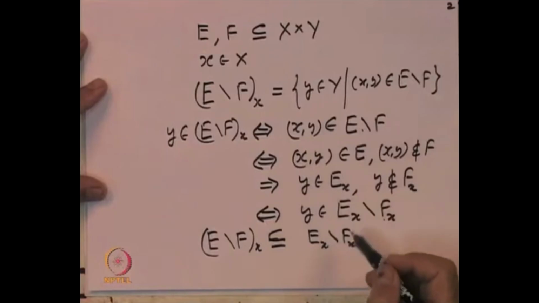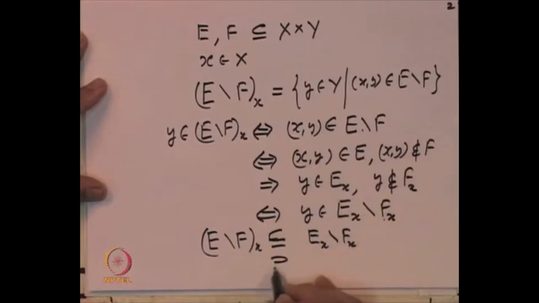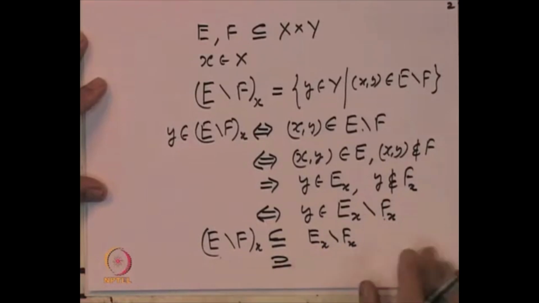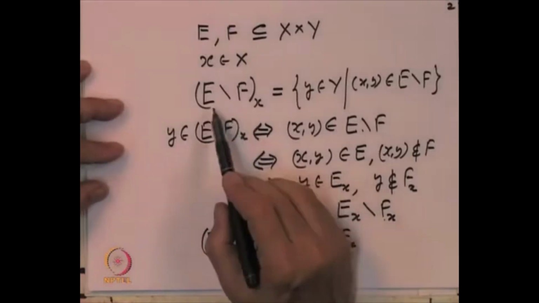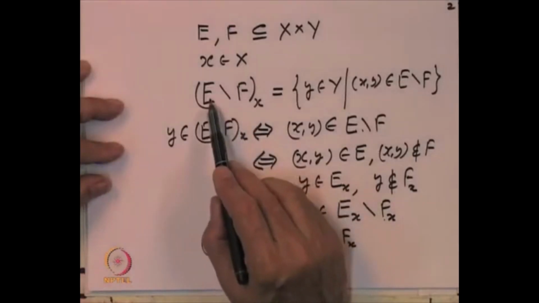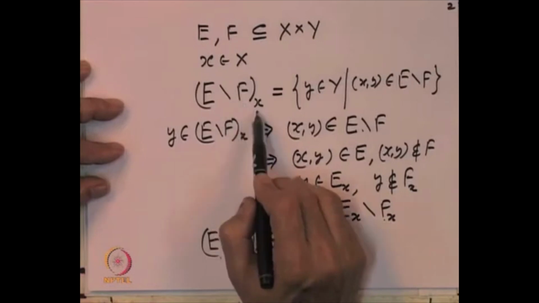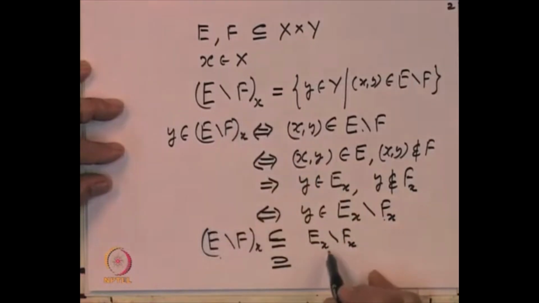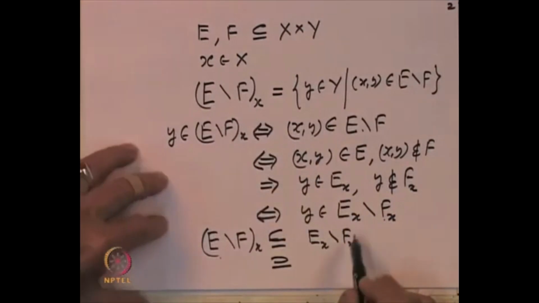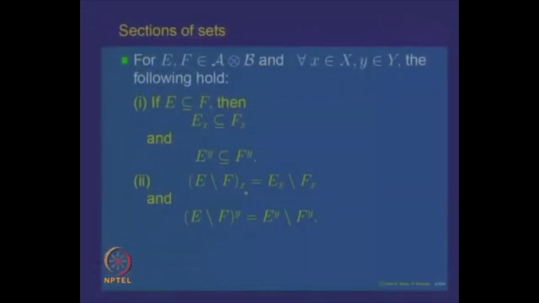So all the arguments are reversible, and the inequality the other way around also holds. So these two sets are equal. It says that if you take the difference of E with F and then take the section at x, that is the same as taking the sections first and then taking the difference. So that is at the point x.